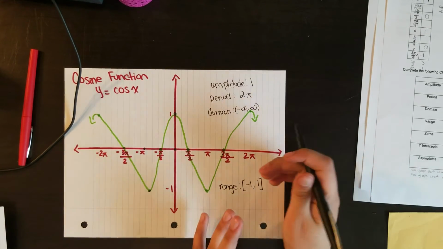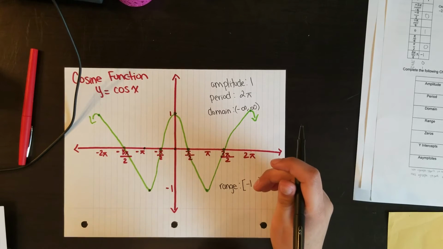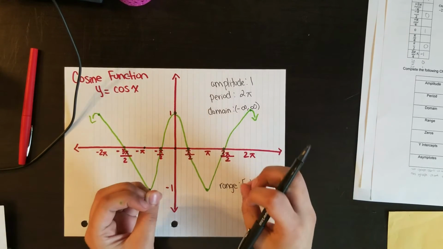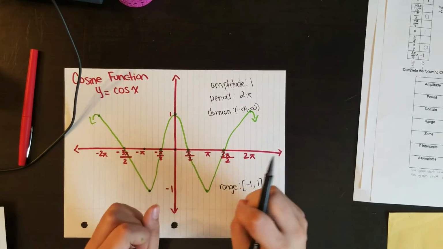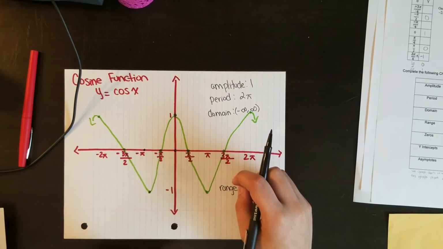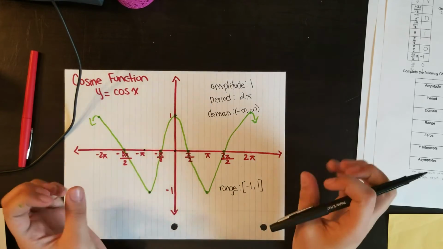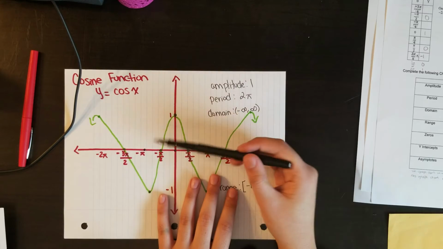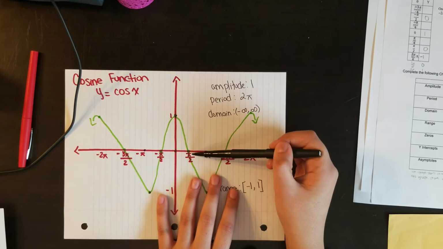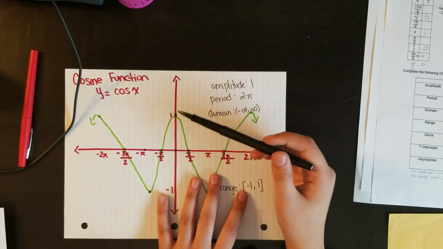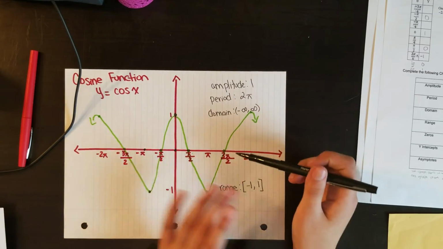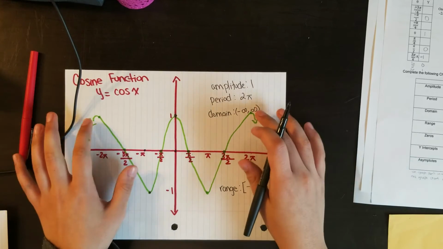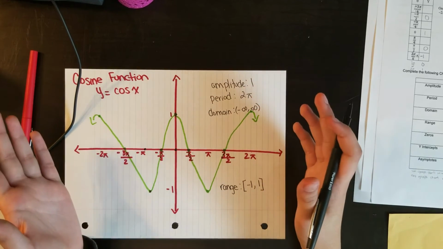The next thing we're going to look at is the zeros of the function. So zeros of the function basically means what are your x-intercepts, or what are your roots. So your zeros, roots, x-intercepts all mean the same thing. Here when I look at my graph, I have an x-intercept at -pi/2, pi/2, 3 pi/2, and so on and so on. I can't list out every single x-intercept because this graph goes on forever, and that'd just be tedious.